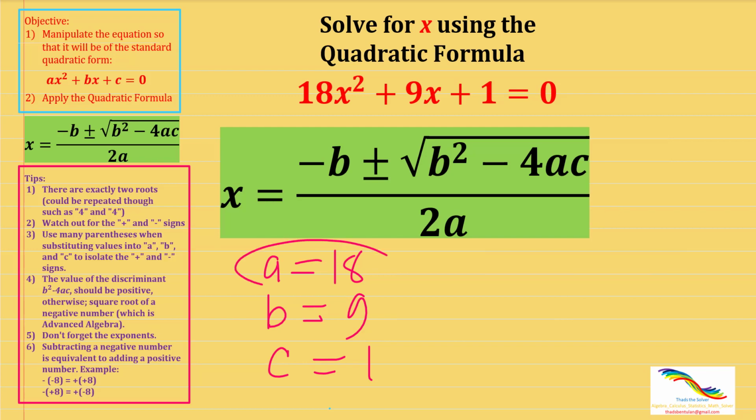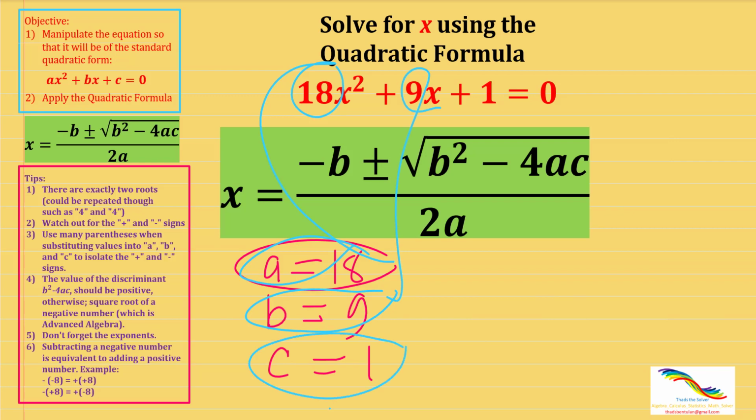Look at that. So here, that's 18, that's a, and then that's b, positive 9, and that's c, positive 1. Now, we are ready to use the quadratic formula directly without need of any simplification.